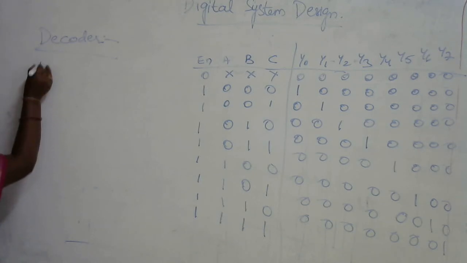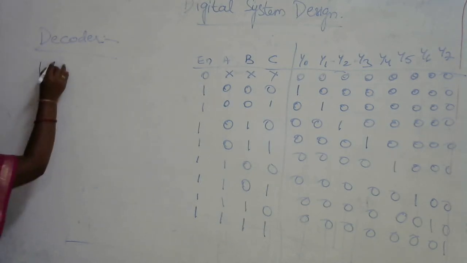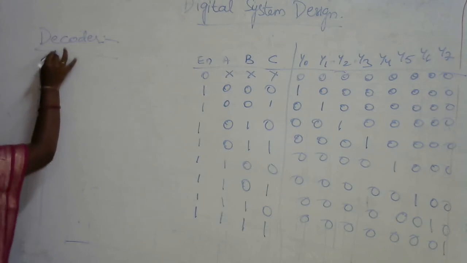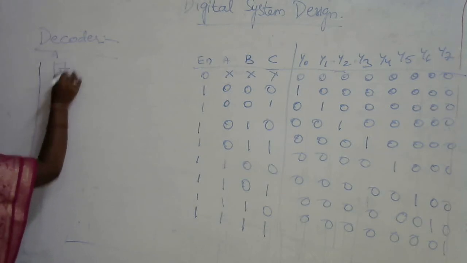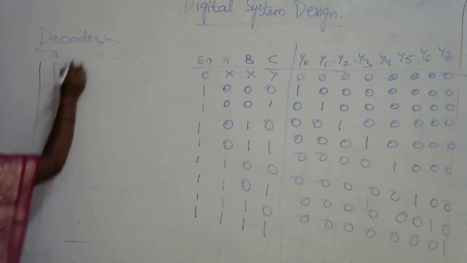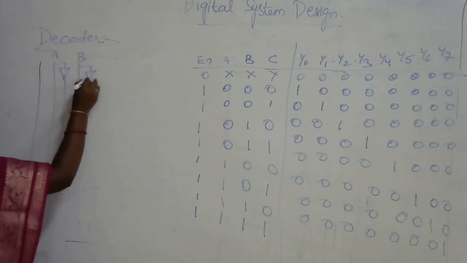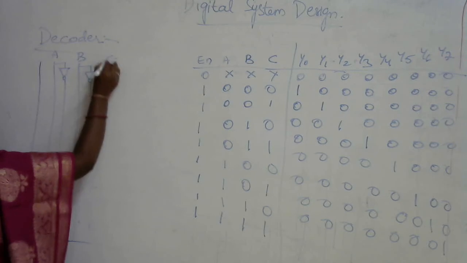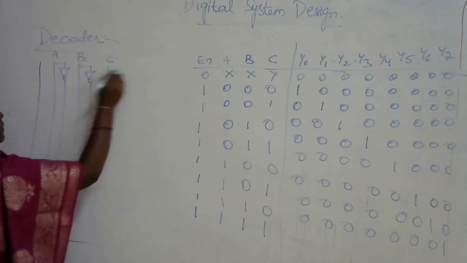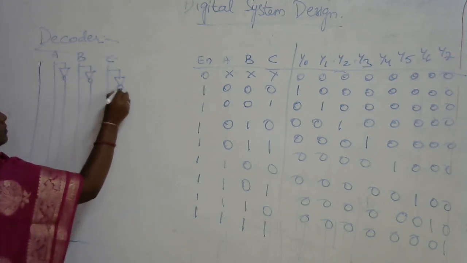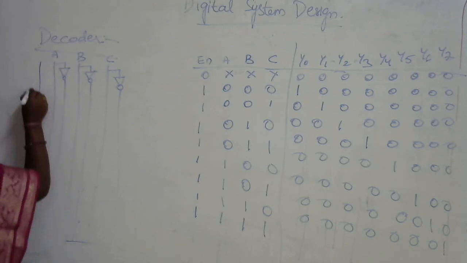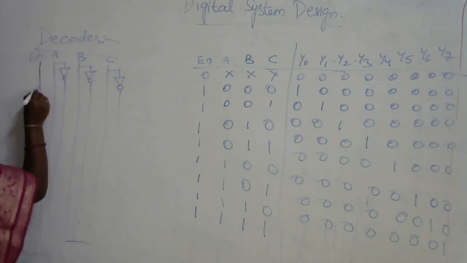Here, first you will draw an enable followed by an input A, next is A bar, B, B bar, C, C bar. Now enable should be equivalent to 1.